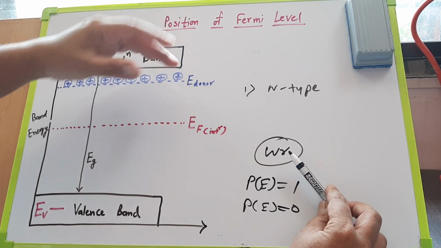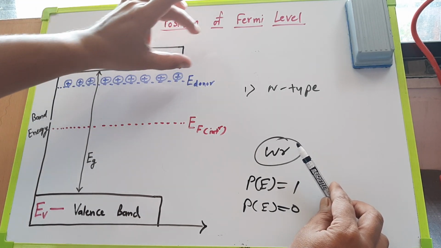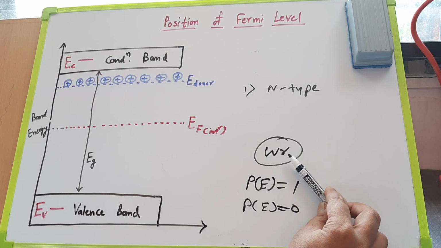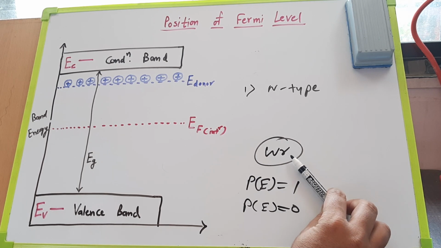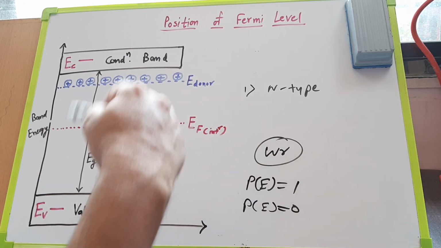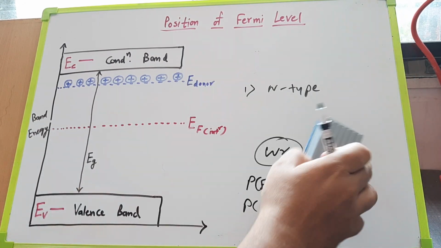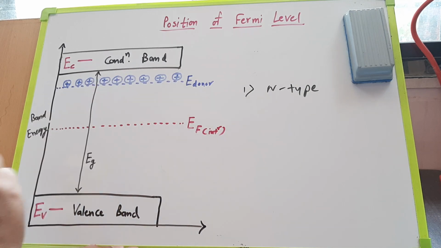Above this level the conduction band is completely empty. The Fermi level EF is in between these two.